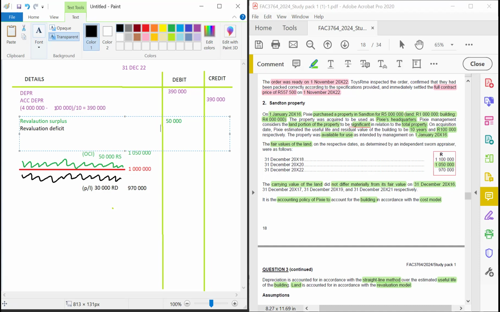An expense increases on the debit side. So overall, what's going to happen to land? Land is going to decrease by 80,000. Land is an asset. Assets decrease on the credit side, and they increase on the debit side.